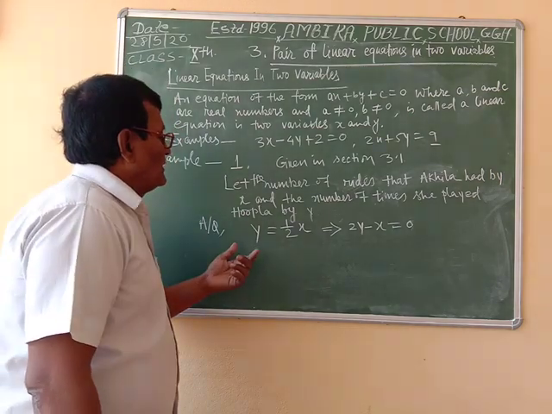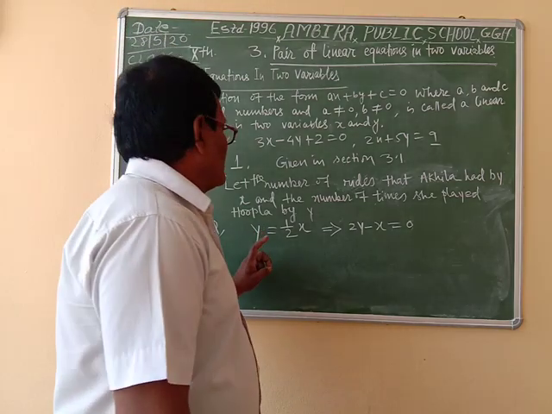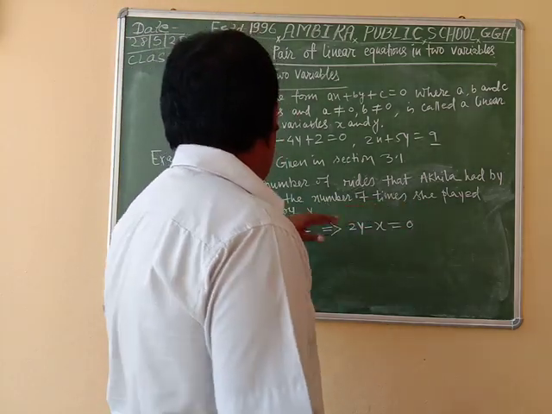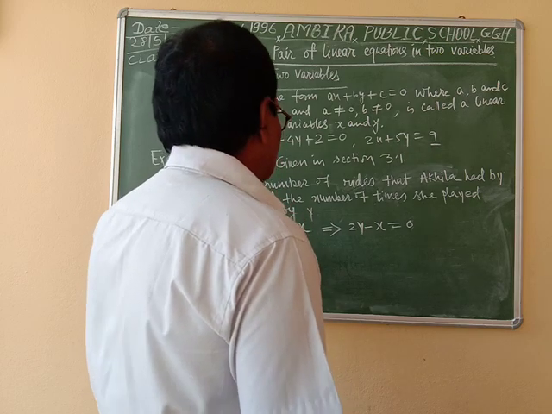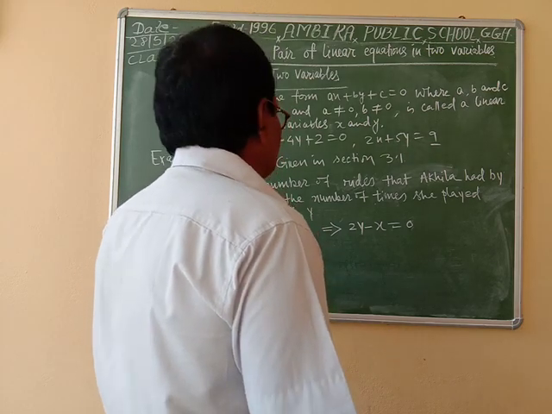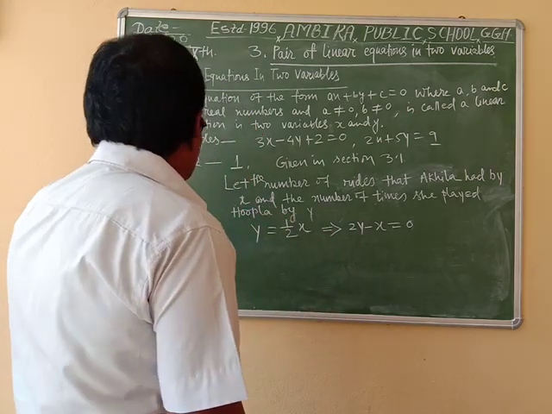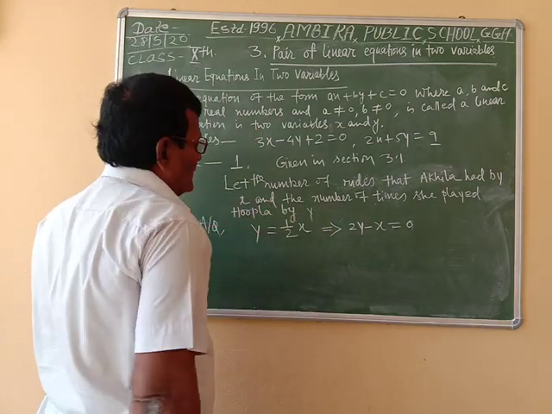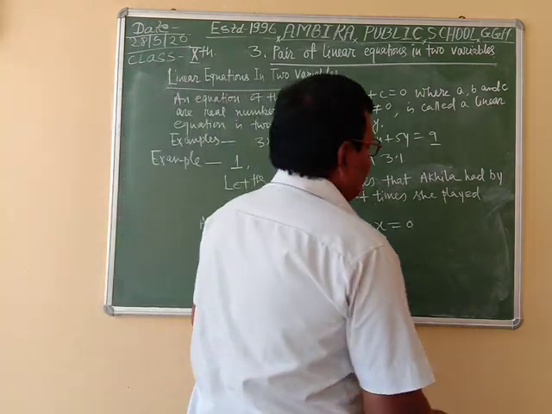Here the number of times she played is equal to half the number of rides. So the given condition is y is equal to 1 by 2x, or 2y minus x is equal to 0.